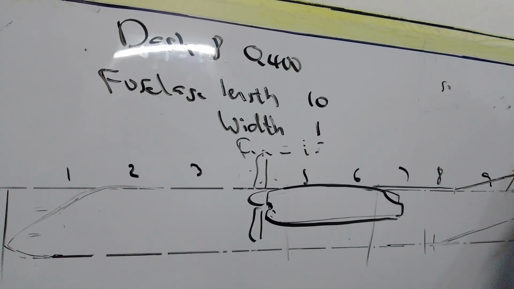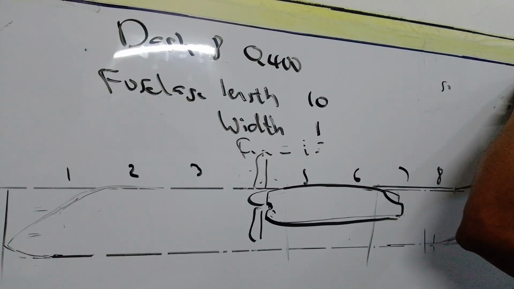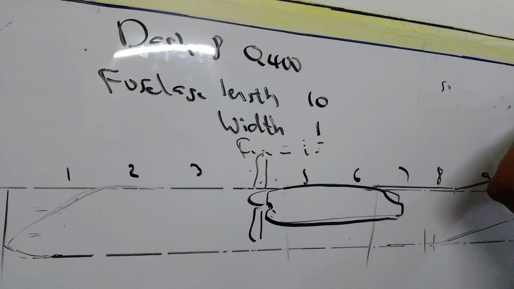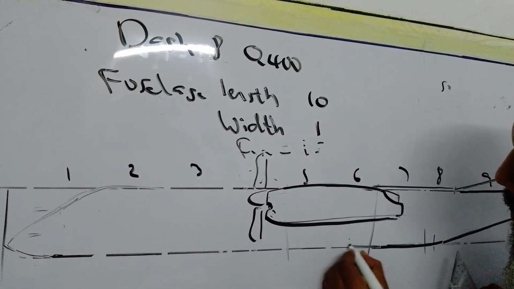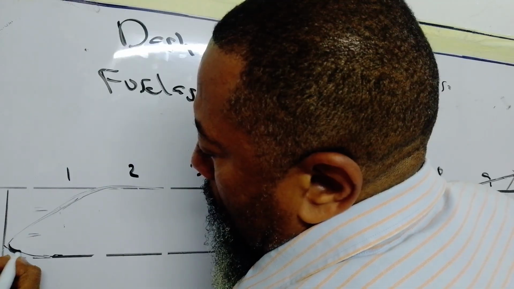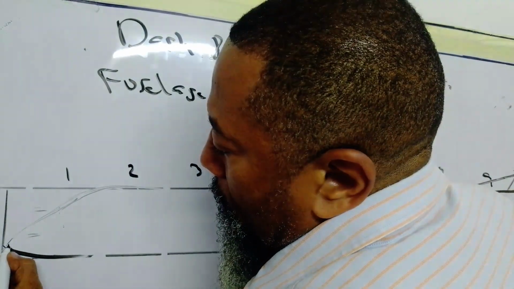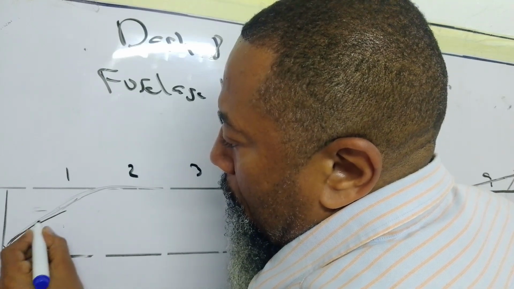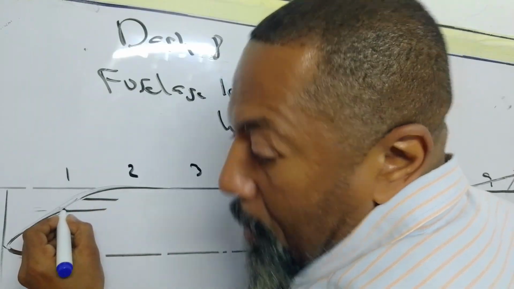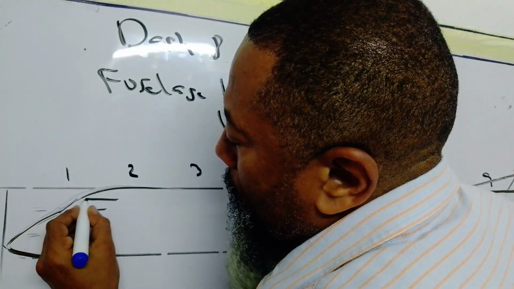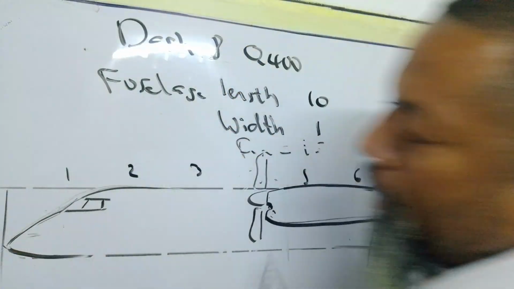Put there like that, launch forward, then give it a nice camber. Then you launch again, launch it there. And here the nose, I launch there. There, you can see how it's like that.